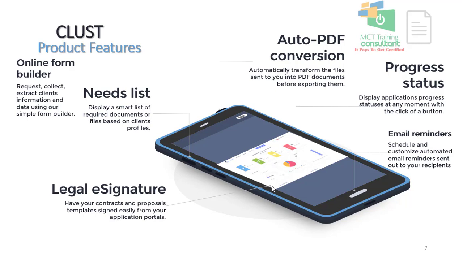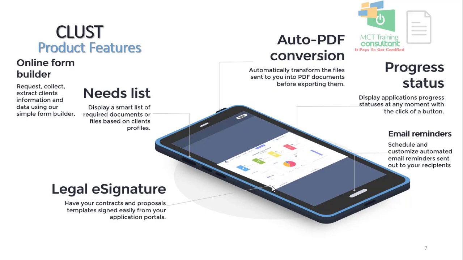Now, some of you may be wondering, if I build those forms, how do I extract that information into a document form? Great. Clust knew that, and that is why they came up with auto PDF conversion. What it does is automatically transform the forms that are filled and convert every application that the user has submitted into a PDF document.